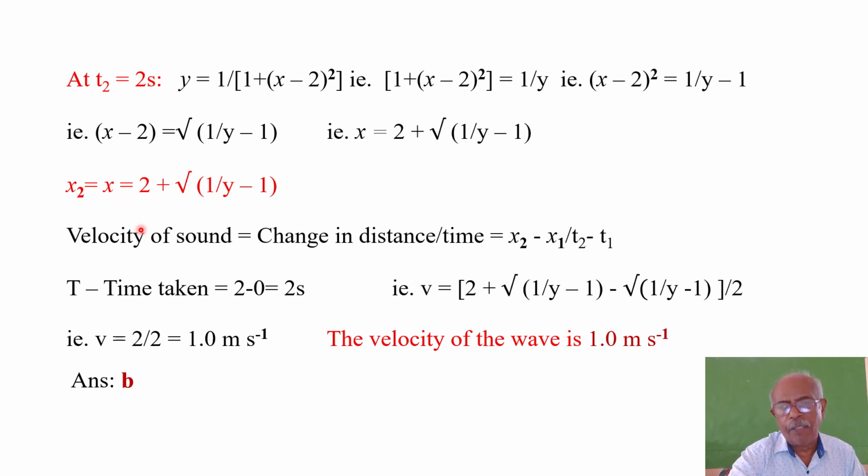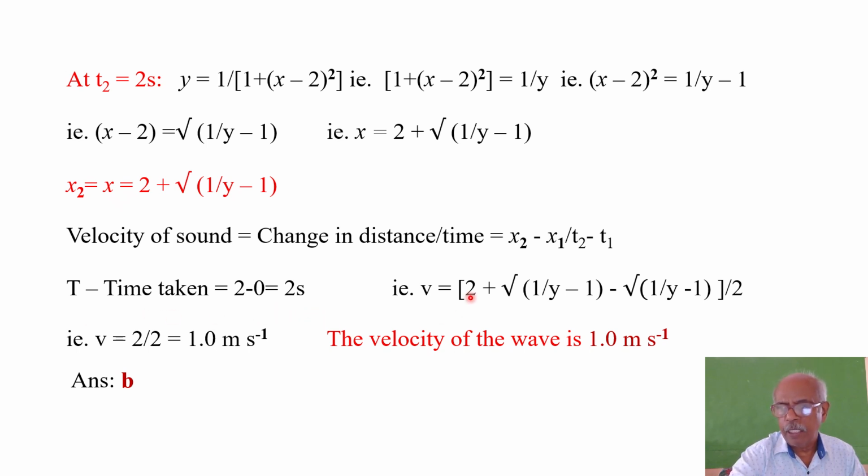Now we can easily find the velocity of the wave. Velocity is equal to change in distance, that is, change in position, x2 minus x1, divided by change in time, t2 minus t1. What is t2? 2 seconds. What is t1? 0 seconds. So t2 minus t1 is equal to 2 minus 0, that is 2 seconds.